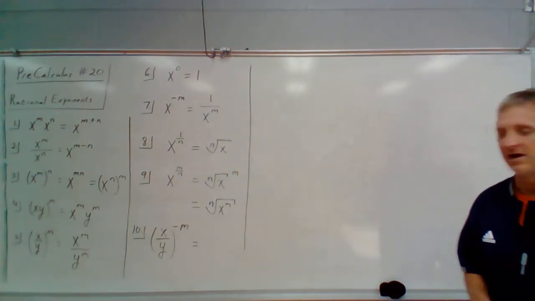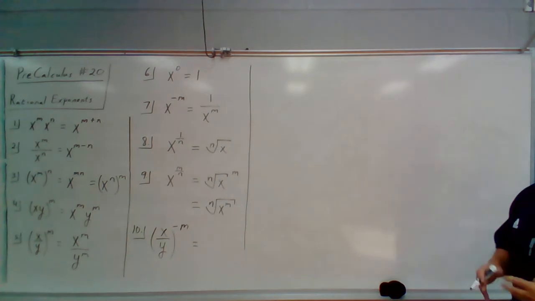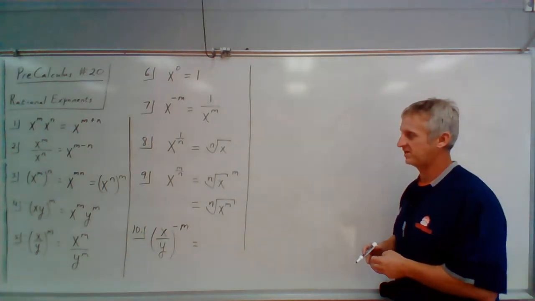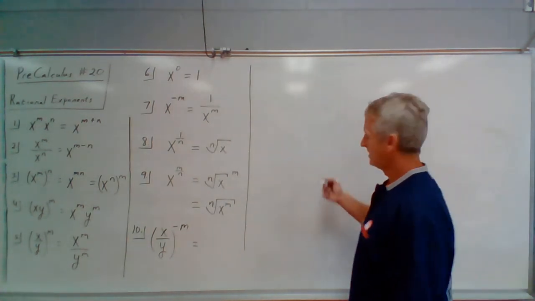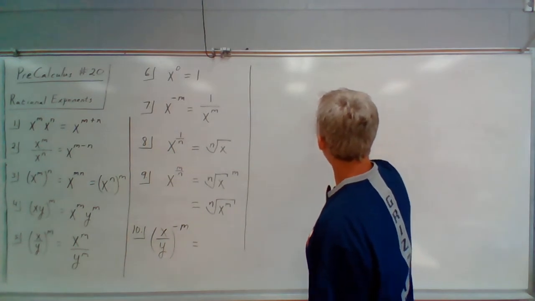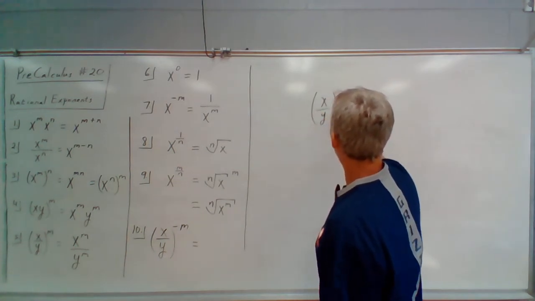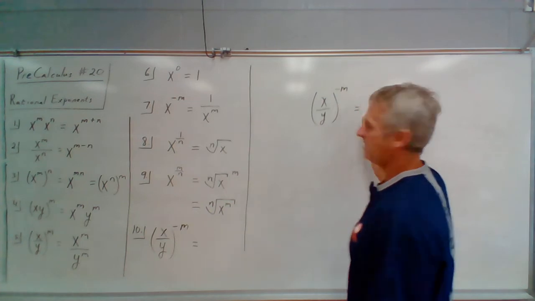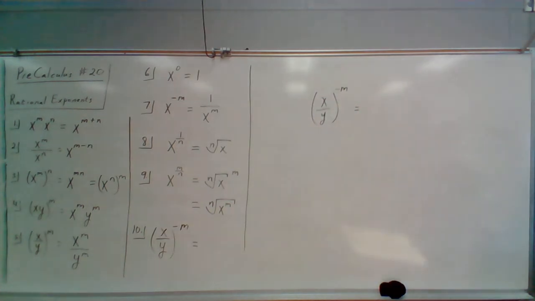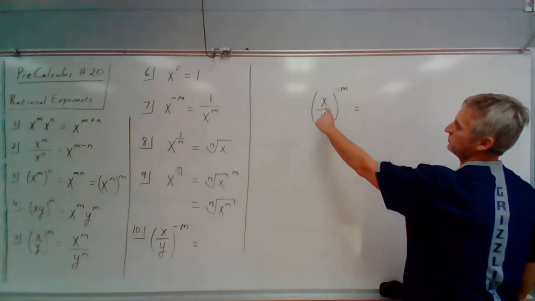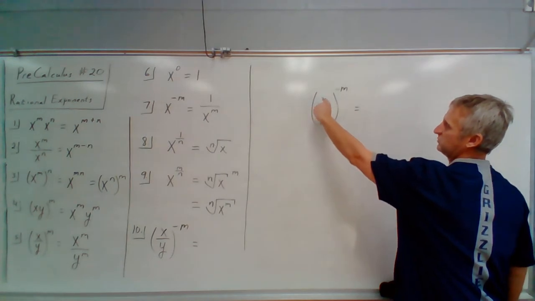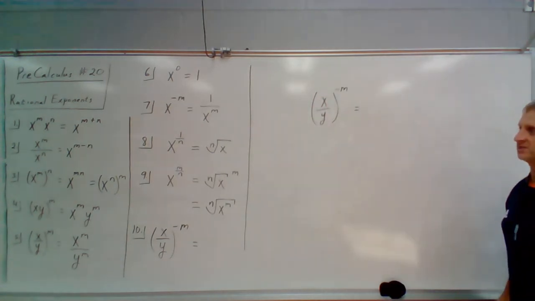All right, I lied to you. I want to do one more rule, even though it's not really a new rule, but kind of an application of a couple other rules. So say that we have x over y to the negative m power. What does it mean to raise something to a negative exponent?